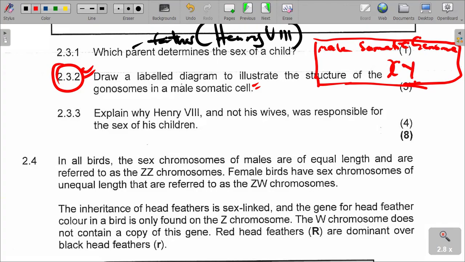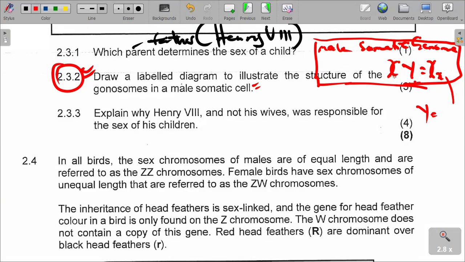We can draw a long X and a small one, which is representing the Y chromosome.